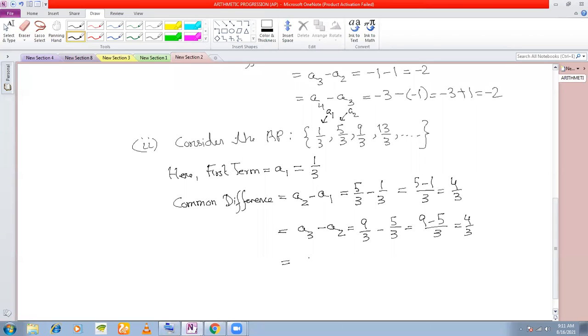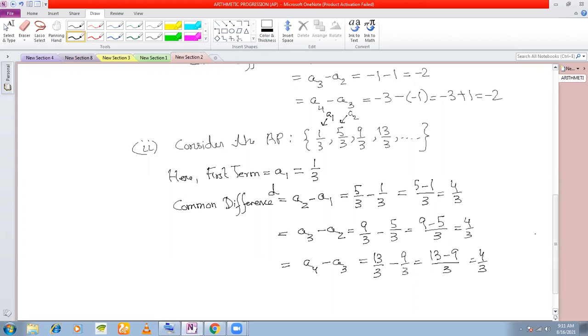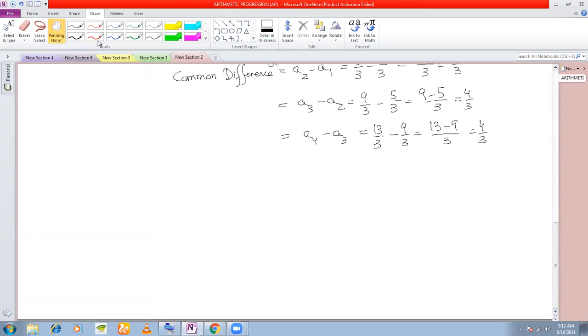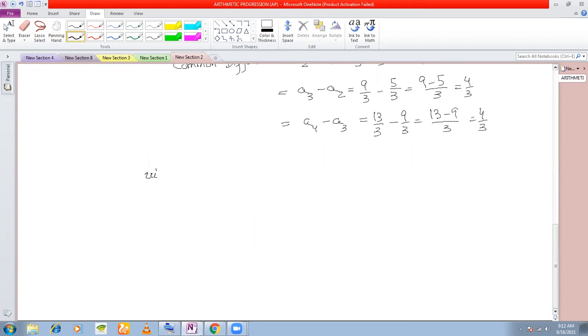Or you can also take the fourth term and third term, which will again give you 4/3. Okay. So common difference is referred to as D. So let's write this as D. So this is when a set of numbers is given, which is in AP, then this is how you will find out the first term and the common difference. Let us take a third example.